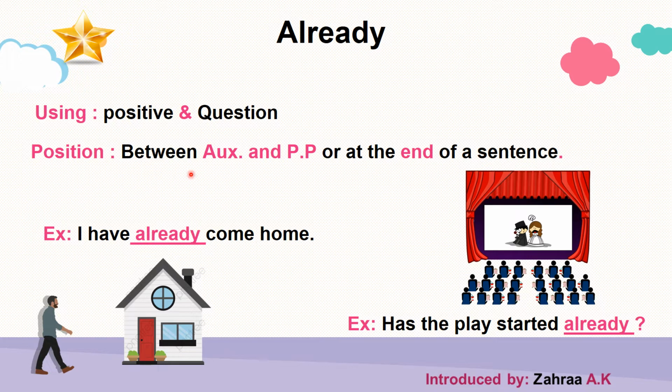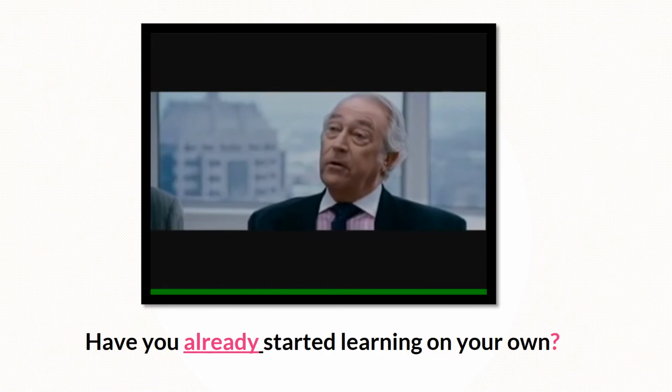The position is between auxiliary and the past participle or at the end of a sentence، والموقع إما ما بين الفعل المساعد والتصريف الثالث للفعل أو في نهاية الجملة. Have you already started learning on your own?